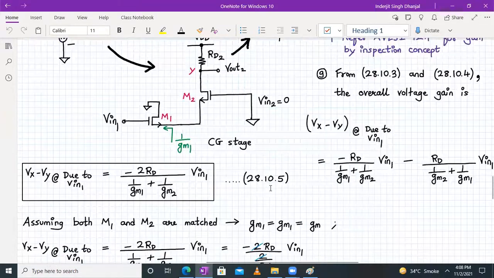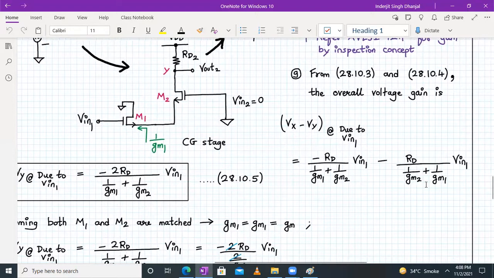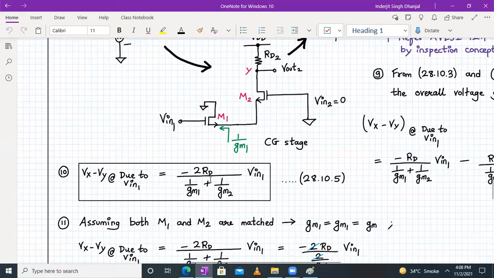So finally we have the result as minus twice RD divided by 1 upon gm1 plus 1 upon gm2, times Vin1. Here is the proof: minus RD times Vin1, so here you will have minus twice RD. Minus x minus x is minus 2 times x. That's what we have written over here. We got the value of the differential output due to Vin1.